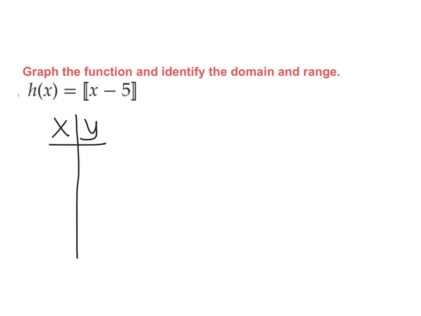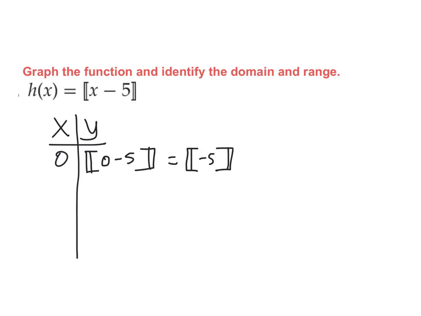What should I start with? 0. Okay, so I'm going to choose 0 for x. I'm going to plug it in. 0 minus 5 is what? Very good. Okay, now, negative 5 is an integer or is not an integer? It is an integer.